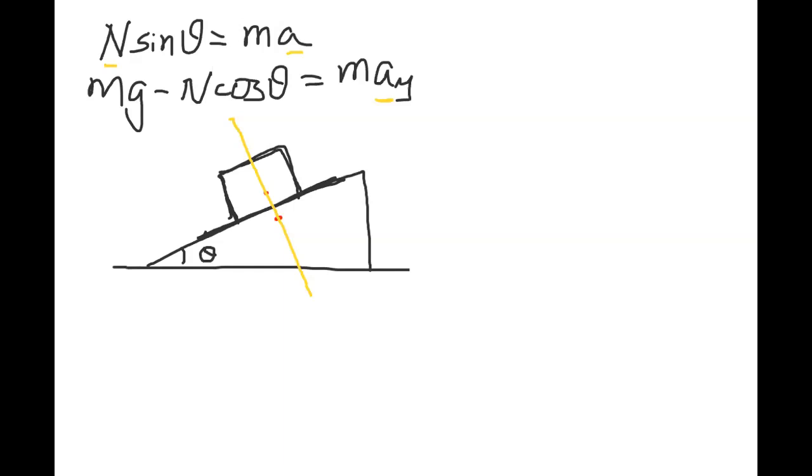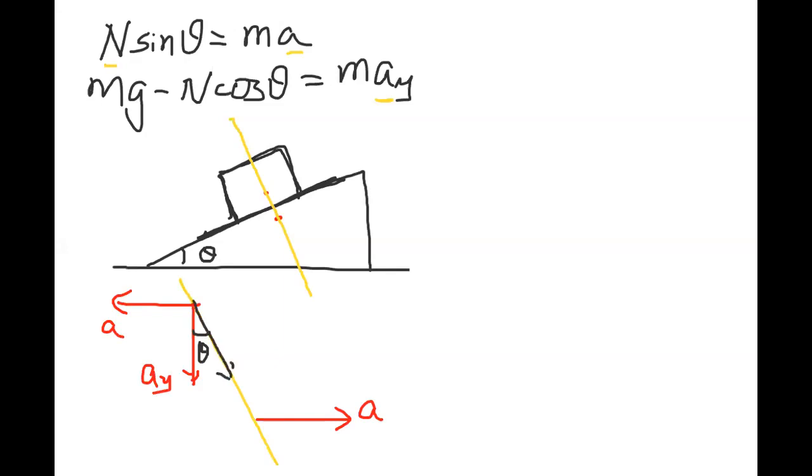So I simply draw a replica of this yellow line here, and then I will say that this is the acceleration of the wedge, and this is the acceleration of the block. I'll simply draw the acceleration vectors, and I need to find the component of these acceleration vectors along this yellow line, remembering that the yellow line is nothing but the direction of normal reaction, and it makes an angle theta with the vertical.